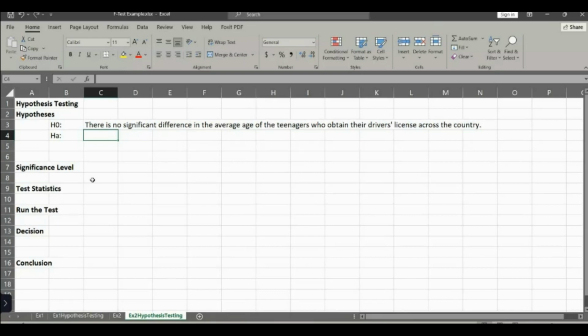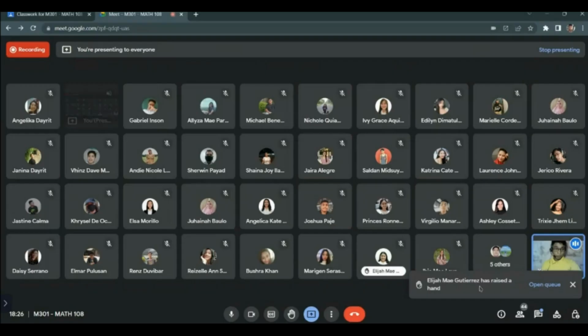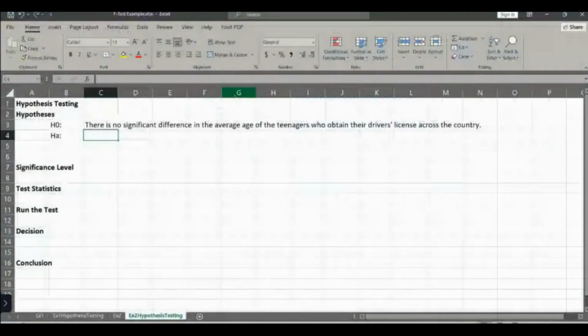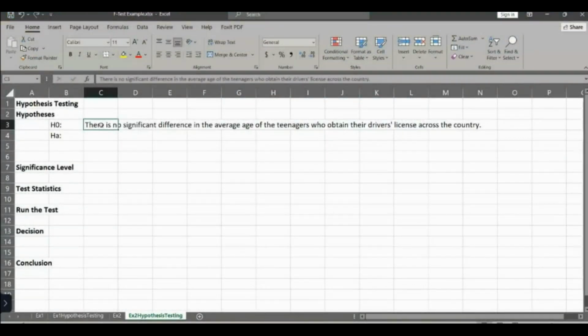Anyone? What is our alternative, Elijah? There is a significant difference in the average age of the teenagers who obtain their driver's license across the country.